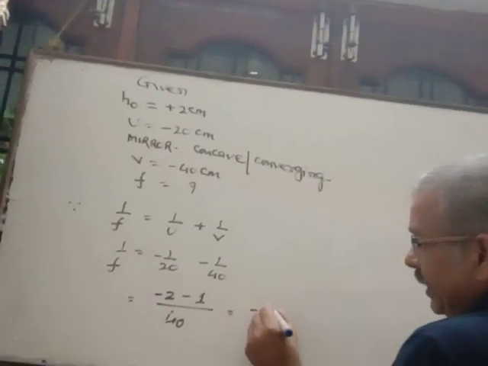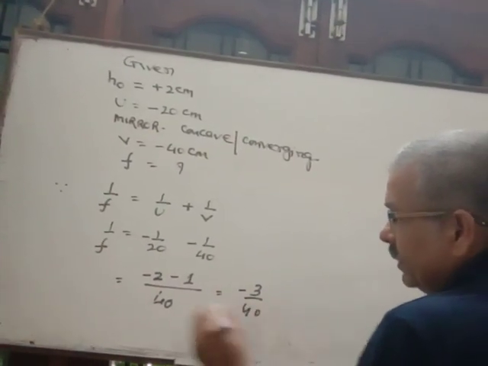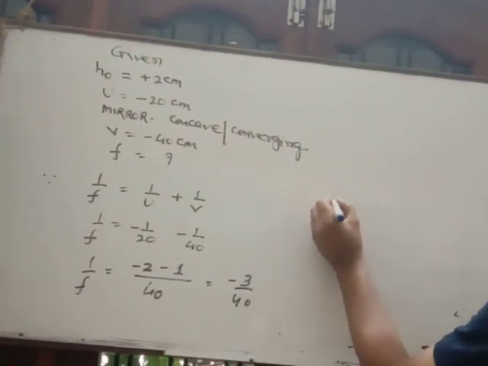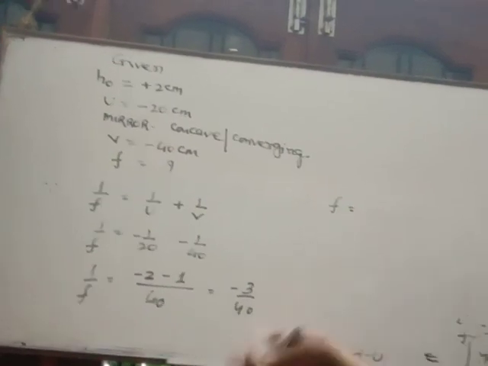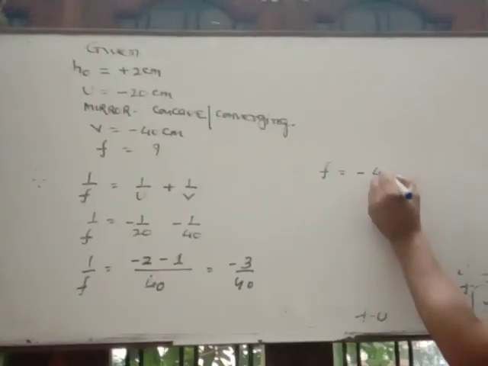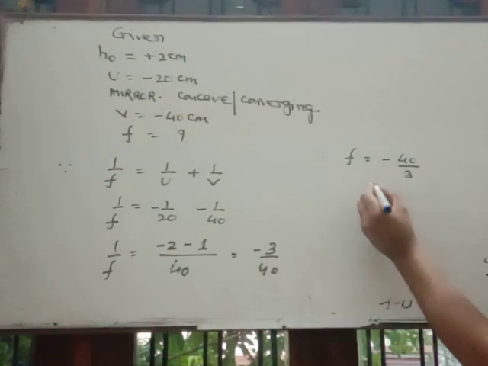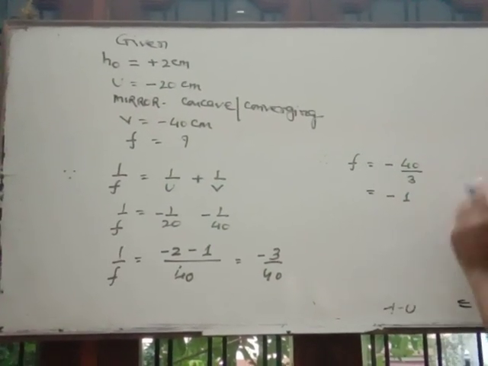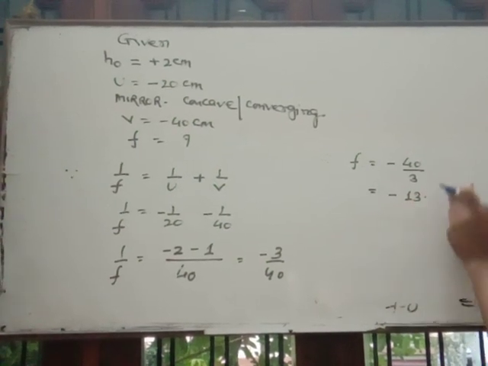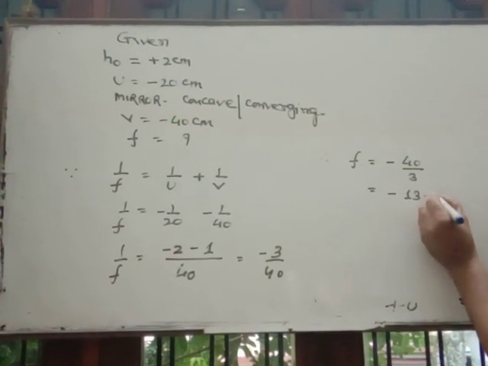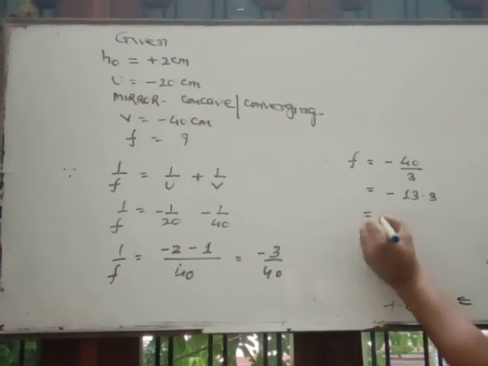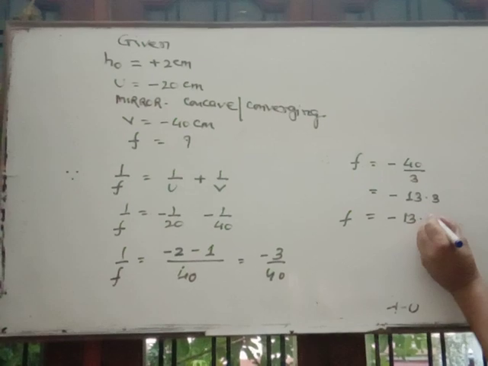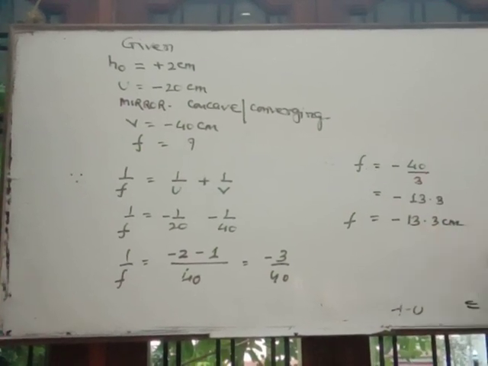So it is equal to minus 3 by 40 is equal to 1 by F. Therefore, F is equal to, taking its reciprocal, minus 40 by 3. Dividing, it is minus 13.33 and so on. So yes, the focal length of the given concave mirror is minus 13.3 centimeter.